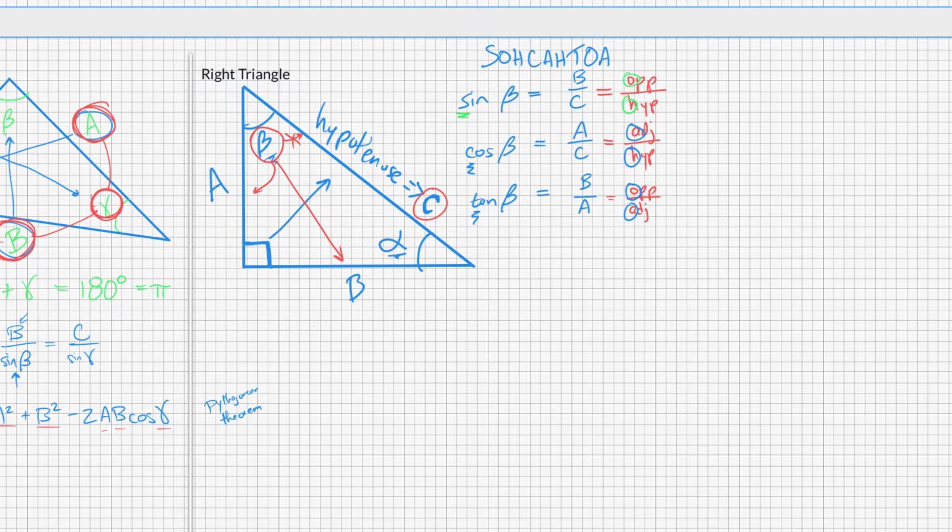SOHCAHTOA. Okay, and this is probably the most important thing. It's the most important building block to all of your engineering. I still get students that miss this, and my guess is that understanding this inherently, versus not understanding it at all, is probably a difference of a letter grade and a half on every class in engineering.